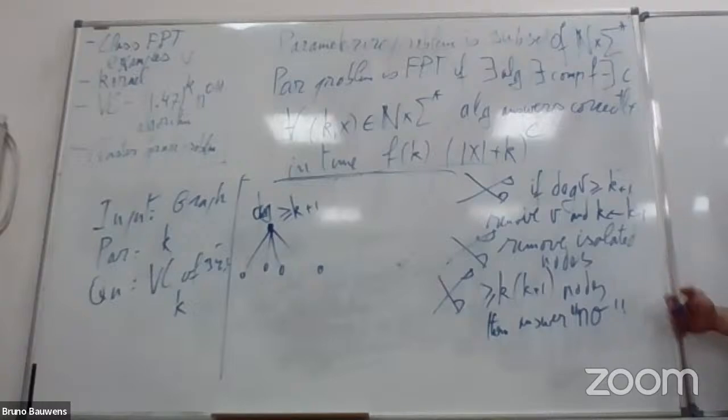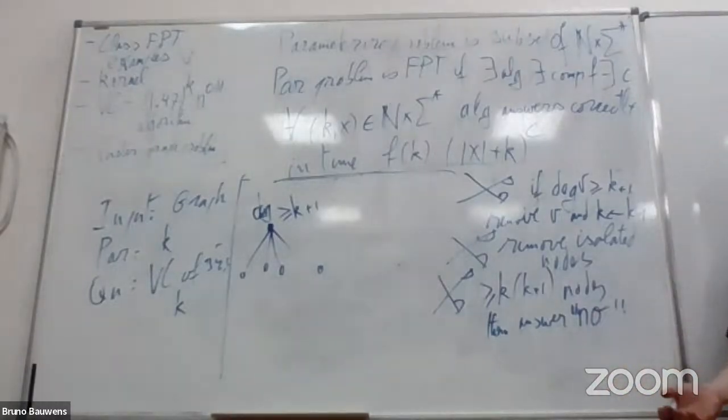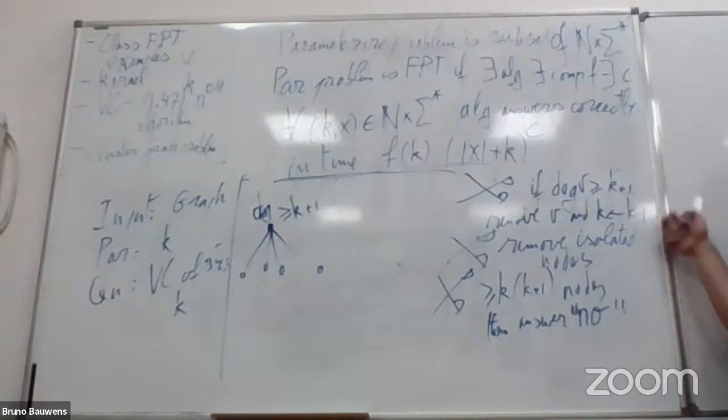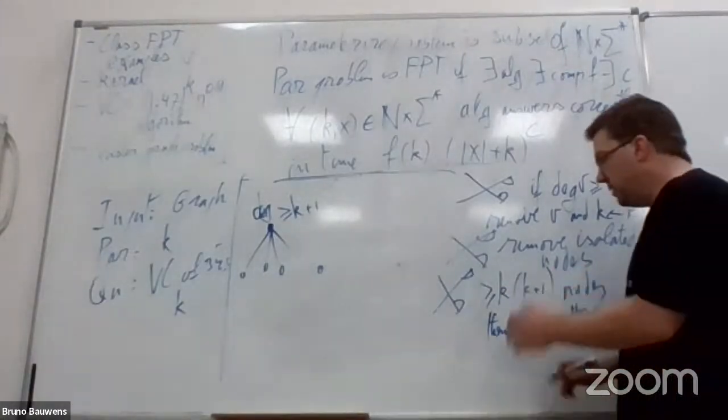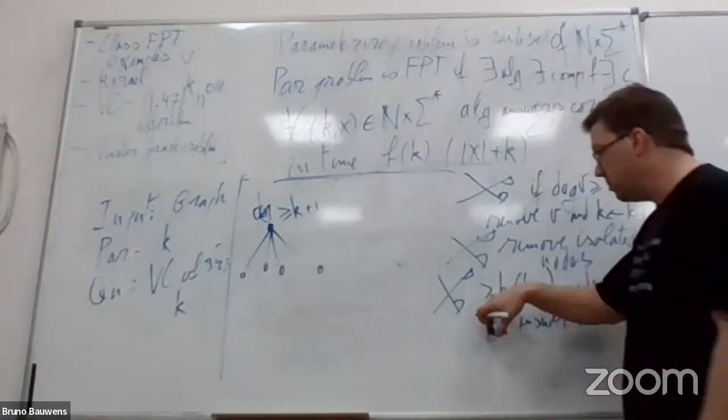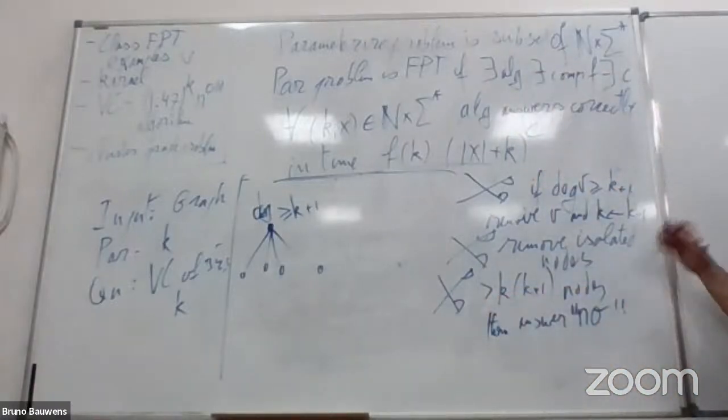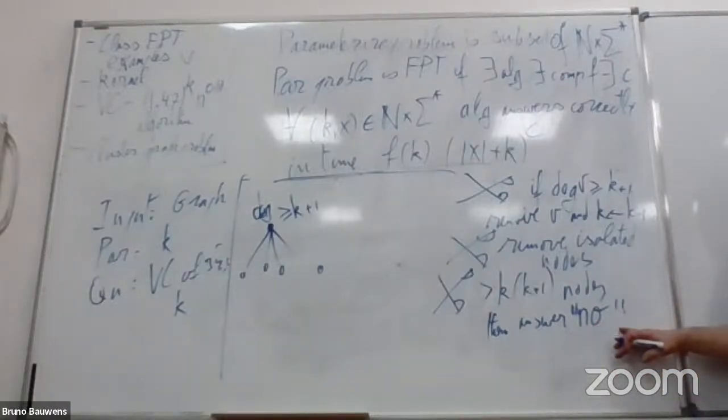We claim that if the graph is big and we can no longer apply these rules, so we don't have isolated nodes and all nodes have degree at most k, and the graph has strictly more nodes than this bound, then we can directly say no vertex cover.